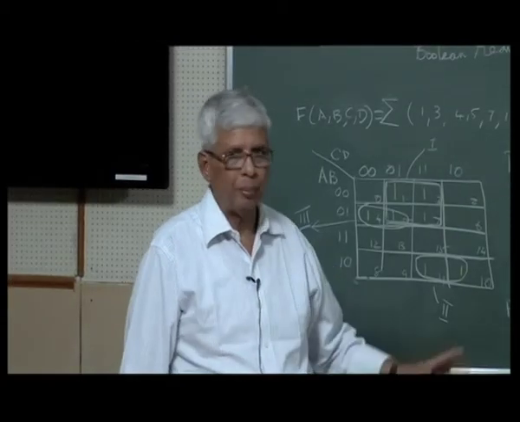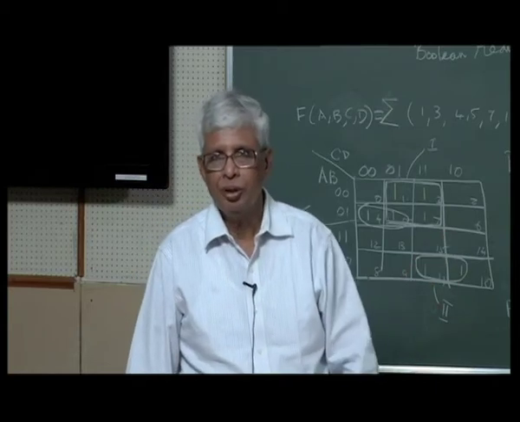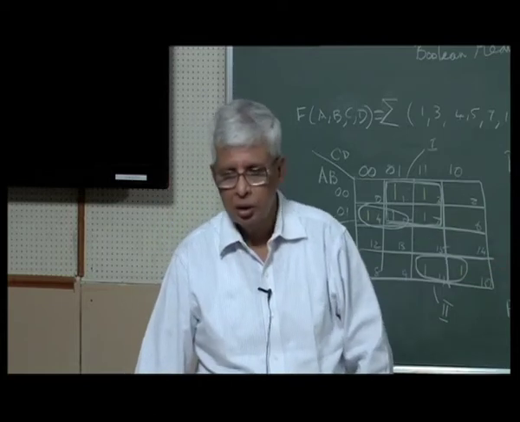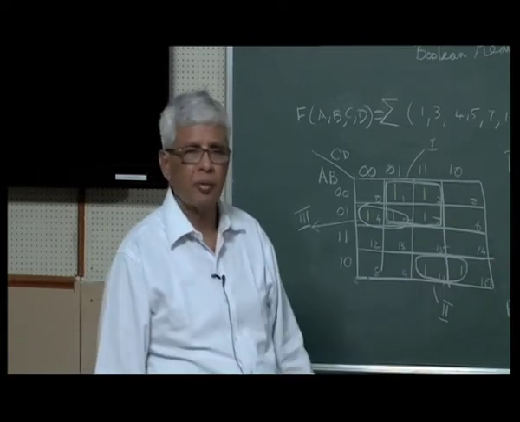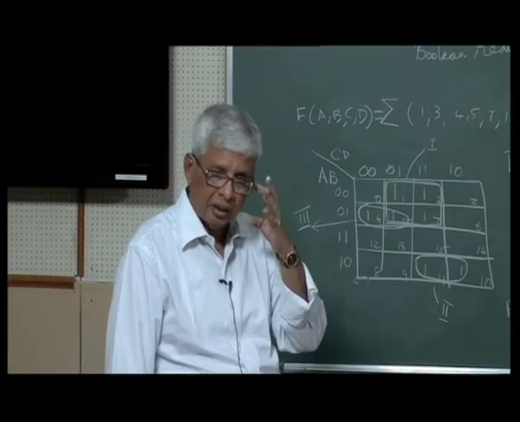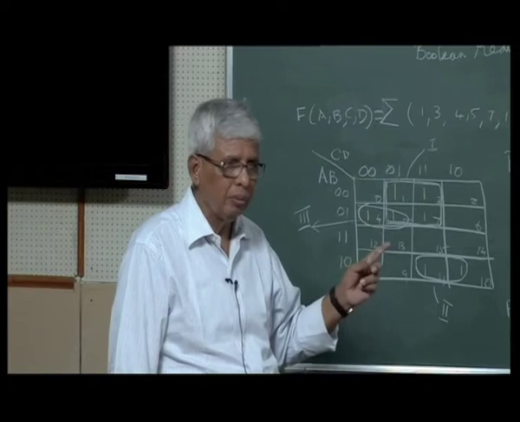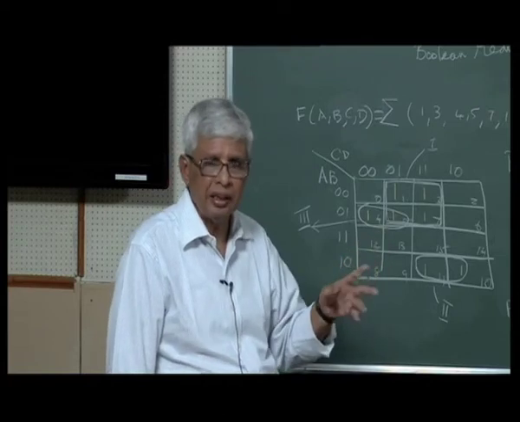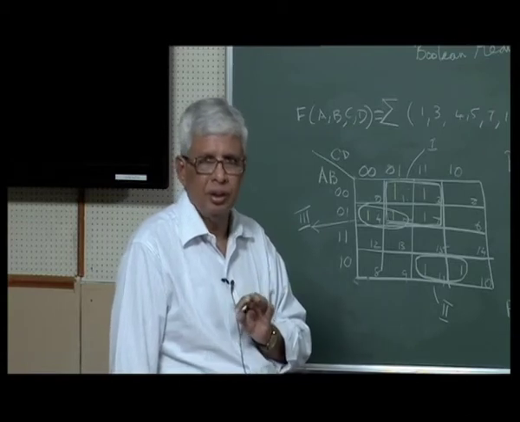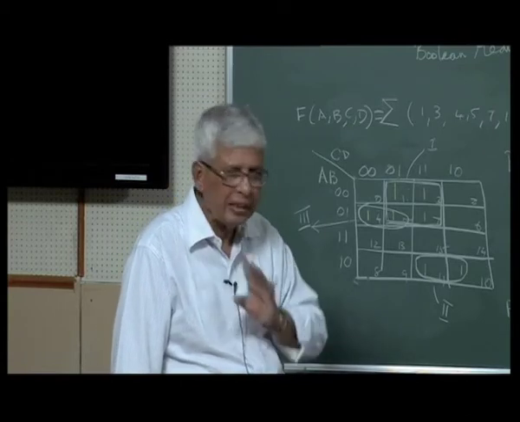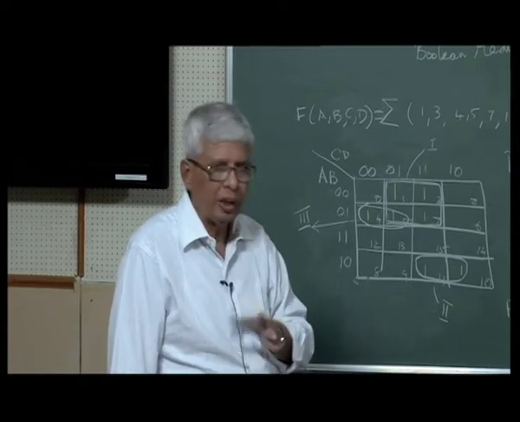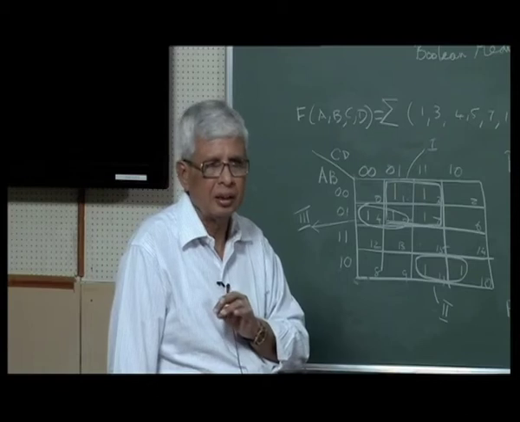So you do 2 maps, 16, 16, and then in one you make A is equal to 0, the other one you make A is equal to 1. 6 variables, 4 maps, each 16, 64 cells, A, B, C, D, E, F, like that. Beyond that, they don't do this. This map method is elegant, easy to follow, quick results, but the number of variables should not be very large.